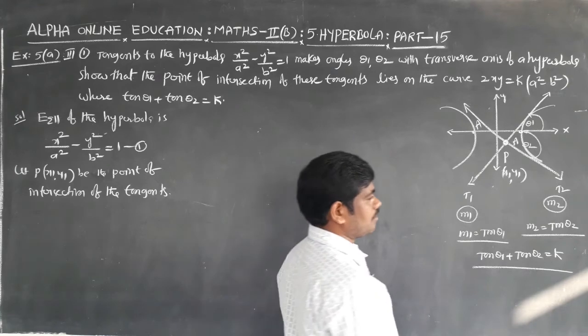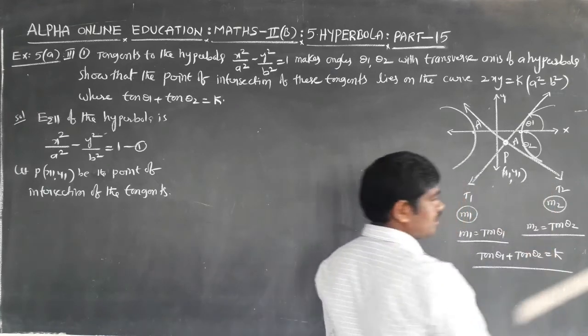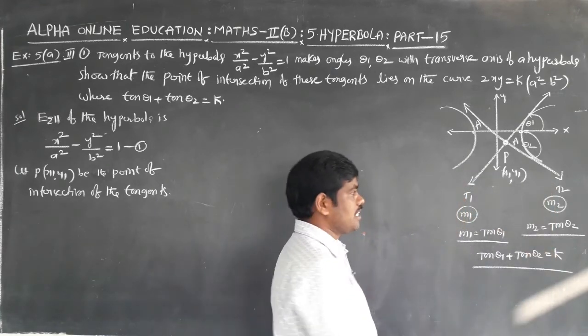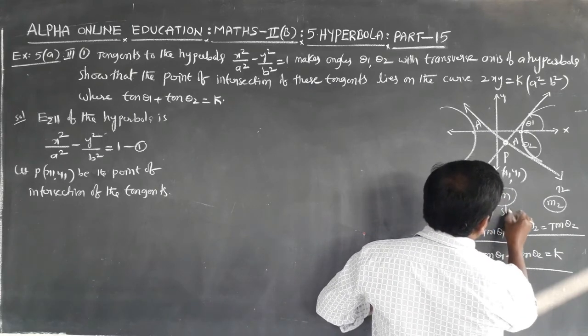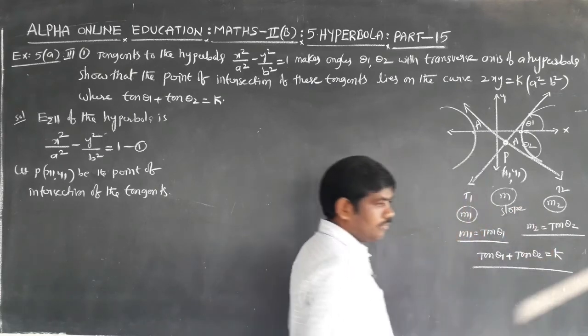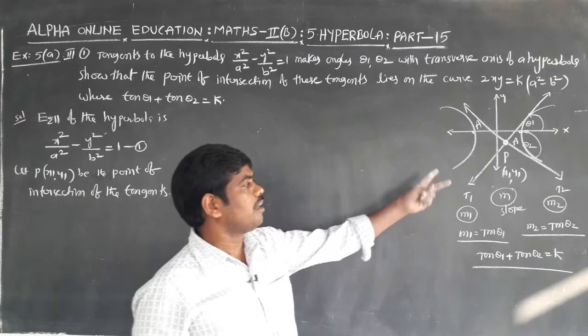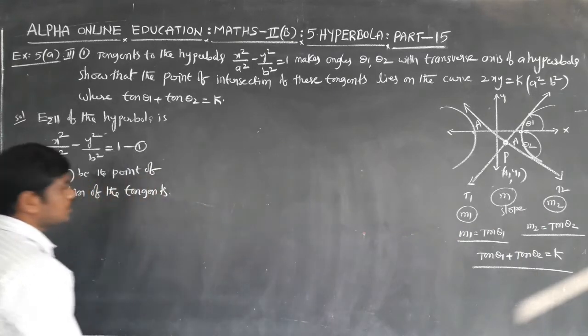So first of all we find the equation of the two tangents. Let m be the common slope of the two tangents.